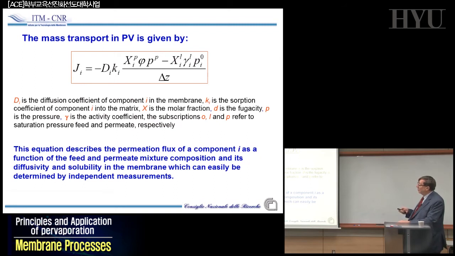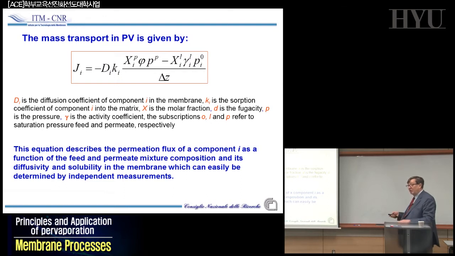If you want to correlate the mass transport with the driving force, the transmembrane flux J for component i will be proportional to a diffusion coefficient D, as in the solubility-diffusivity mechanism. K is the absorption coefficient of component i through Henry's law, a thermodynamic parameter. Remember, this is a function of temperature, so when you make calculations you have to use K at the temperature at which you are working.